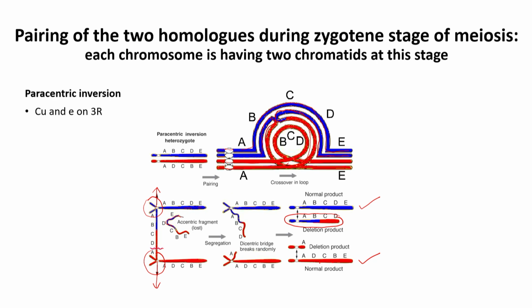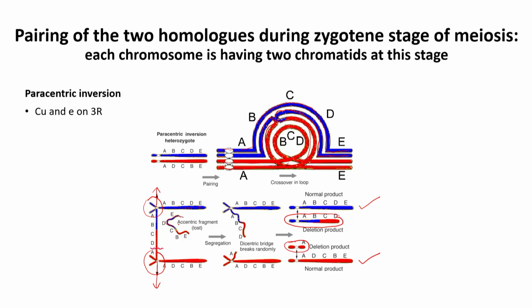This has an inversion, no problem, but it has A, D, C, B, E. That means the genome is complete, so this will form a viable gamete. This part will die because it does not have many genes. So these gametes will die.